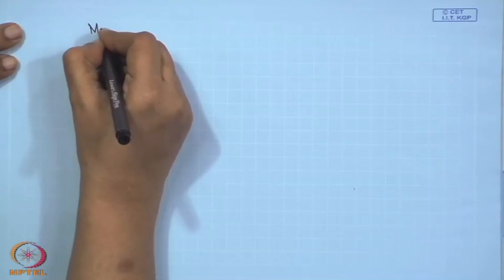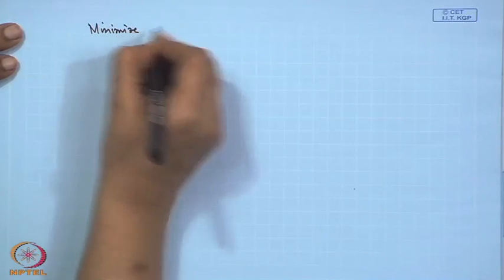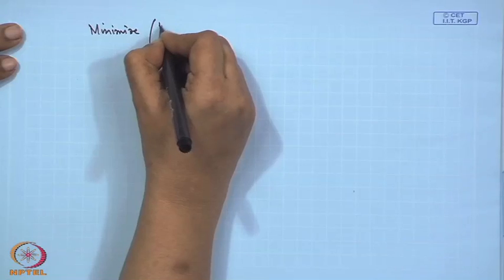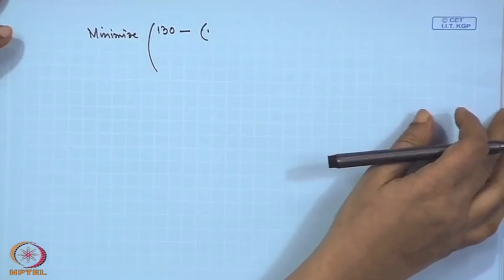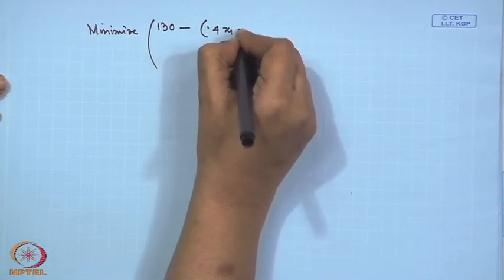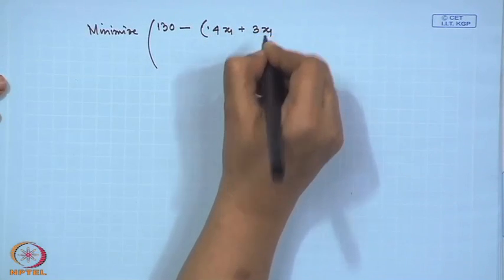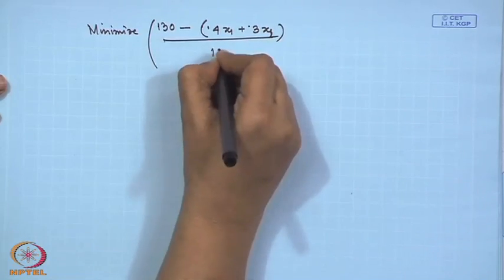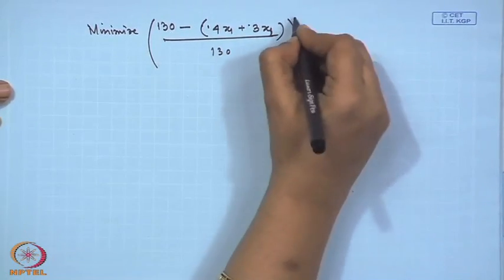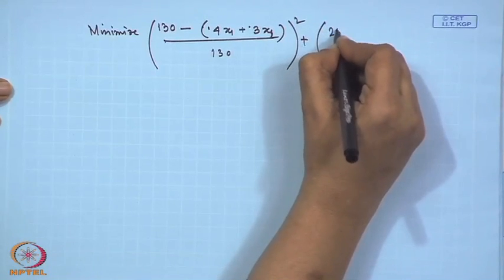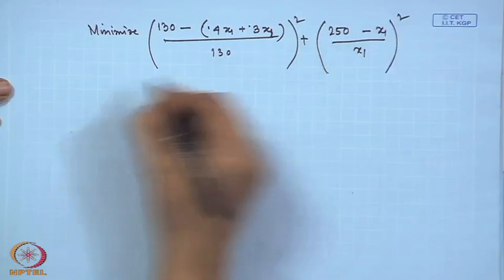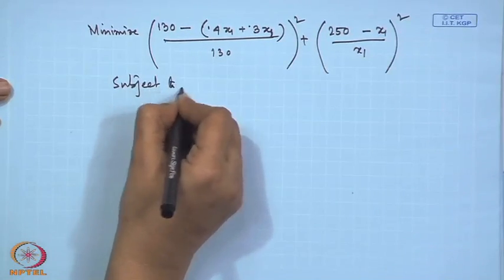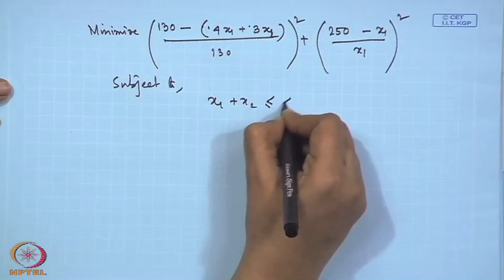Then how to construct the global criterion technique? We are minimizing, if we consider p is equal to 2 and without considering 1 by p, then (130 minus f1(x)) divided by 130, because that is the optimal value for the first objective function, and the optimum value for the second objective function is 250, minus f2(x) divided by 250, squared, subject to x1 plus x2 less than or equal to 400.